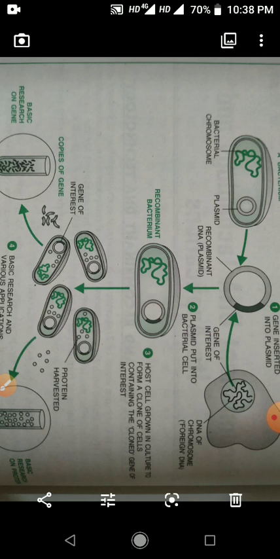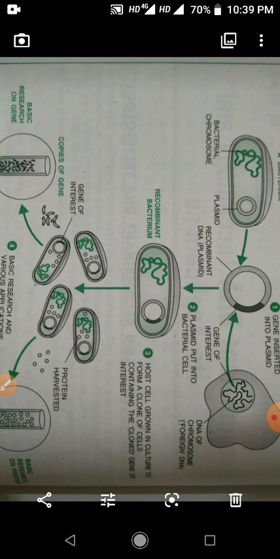So children, I told about the recombinant DNA technology. In this I told how in the recombinant DNA technology we are getting the hybrid DNA from the two different sources.